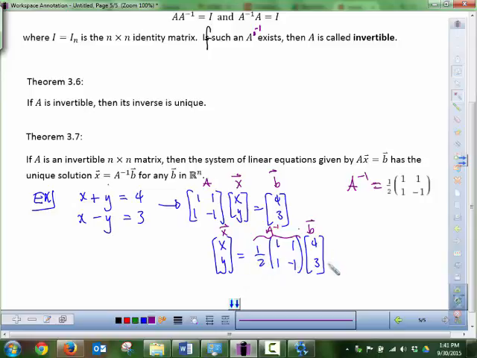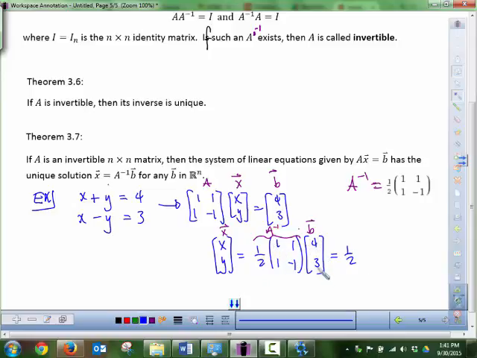Remember one of those properties for matrix multiplication? You have k times A times B. I can do k times A, or k times B, or k and then do A times B first. So let's work this out. I'm going to do the matrix multiplication, row and column.